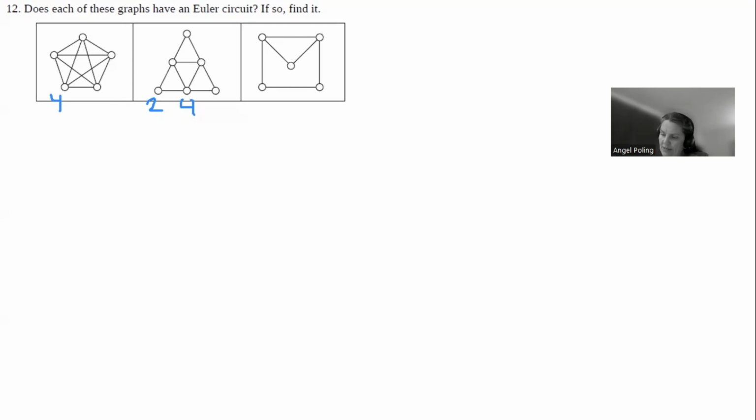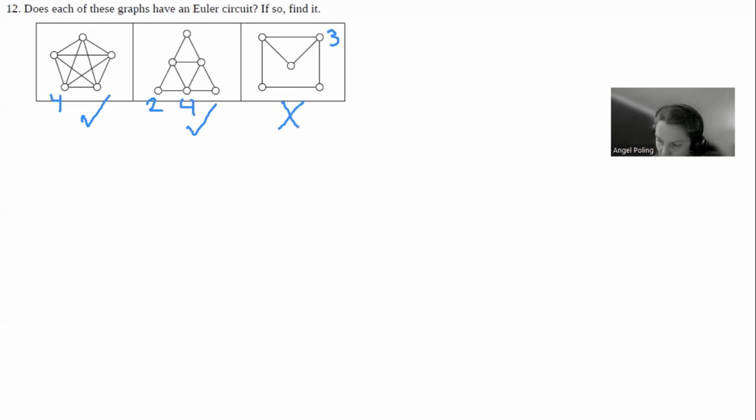But on the third image, we do have an odd vertex. So we'll have a yes on the first one, a yes on the second one, but a no on the third one. And then we just have to draw our shapes, right?